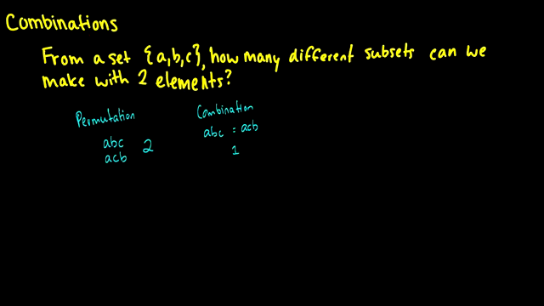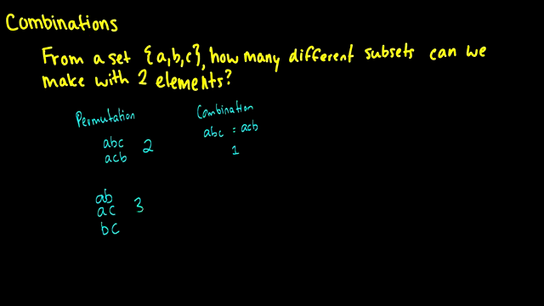So now that we've dealt with the differences, how many different ways can we make a subset with just 2 of the elements? Well, let's just list them all. We can have A and B together, we can have A and C together, and we can have B and C together, so these are 3 different ways.